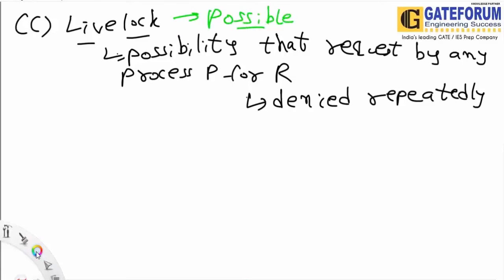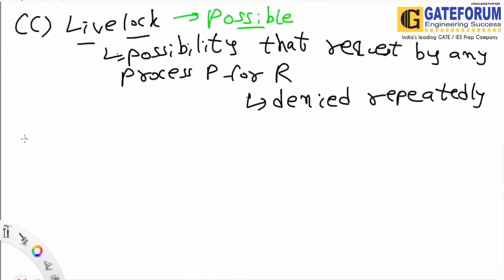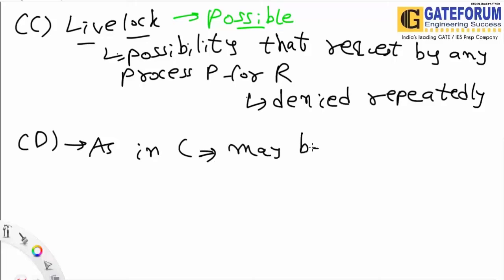Coming to option D, which says the scheme may lead to starvation. Starvation is also possible, as I explained previously. As in C, some process is denied repeatedly, maybe some processes are restarted continuously.